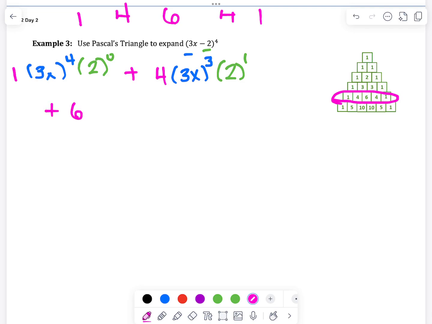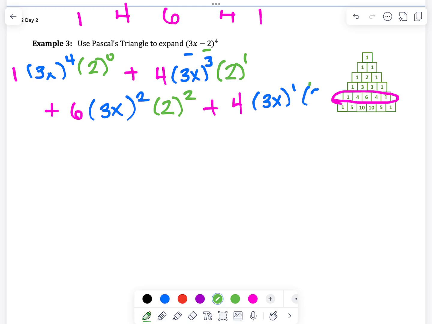Plus 6, 3x all squared, 2 squared, plus 4, 3x to the first, 2 to the third, plus 1, 3x to the 0, 2 to the fourth. So those are all the terms, and now we have to do some simplifying.